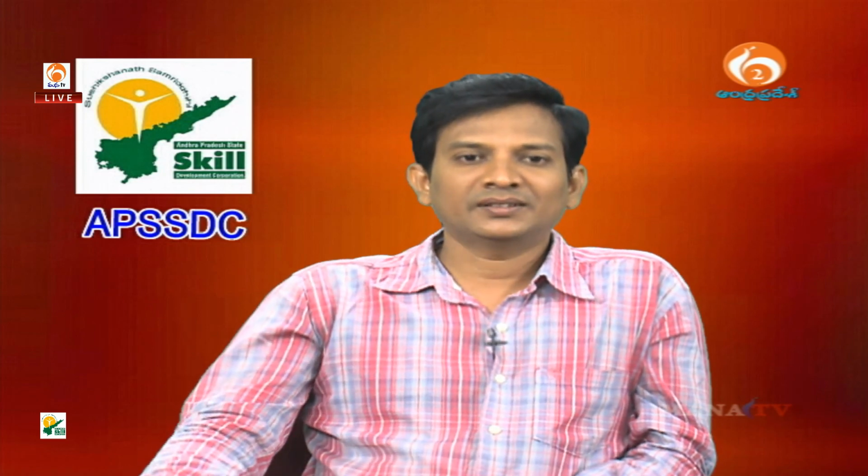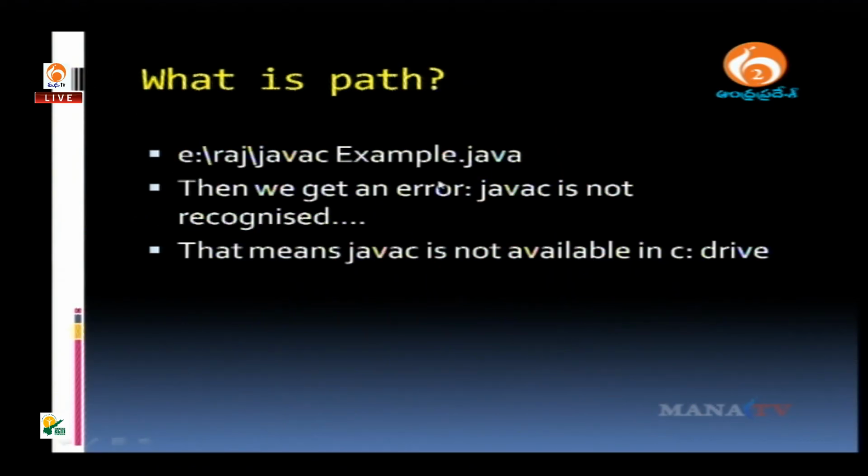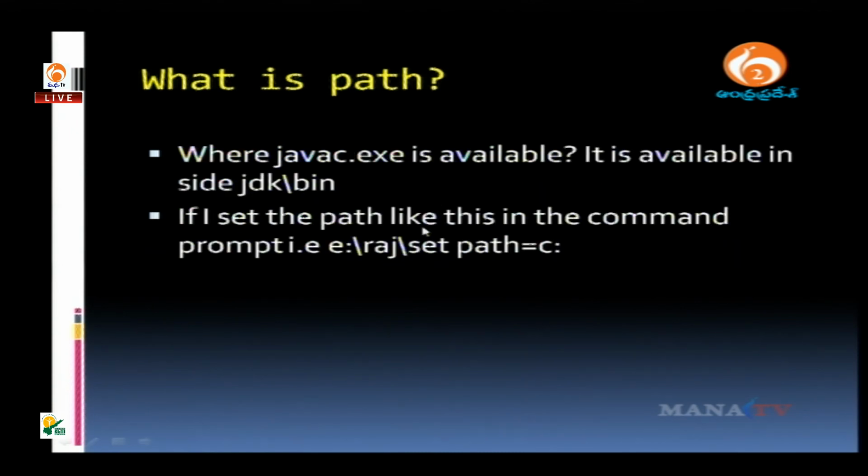For example, I have written addition.java or example.java. If I run javac example, we will get an error if you are not setting the path properly. Javac is not recognized, because we just set the path to the C drive, right?